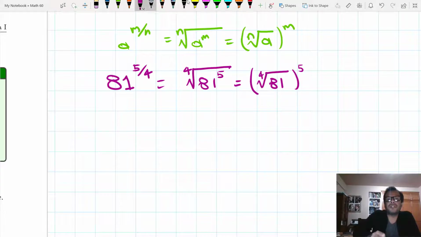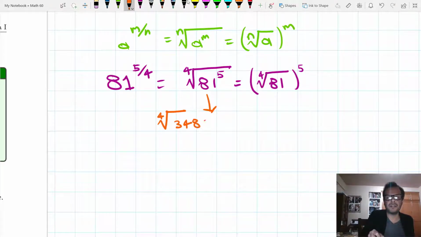Let me go down here. The hard version. This will be 81 raised to the fifth power. Using a calculator, this will be the fourth root of 3,486,784,401.